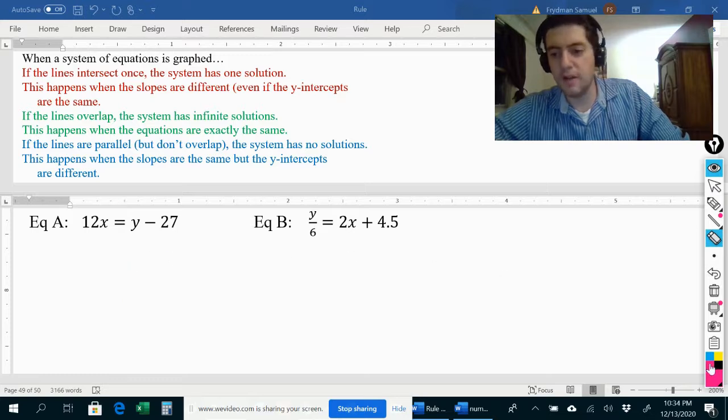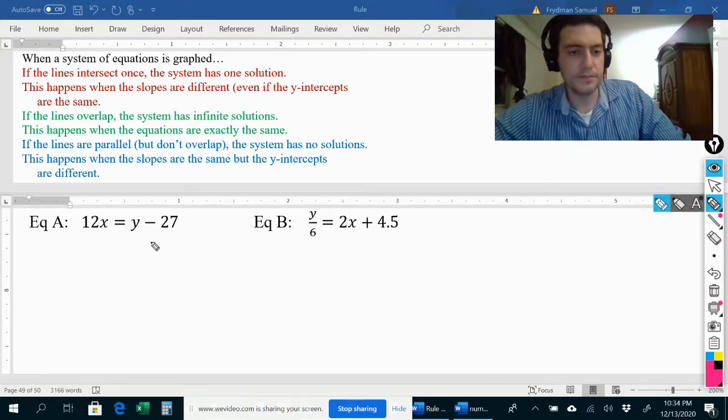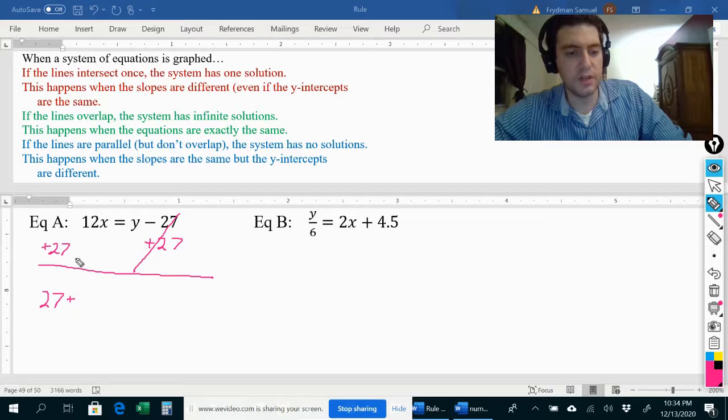We'll just add 27 over here and then also on the other side. Okay, and then this is just going to give me 27, and then plus, this was a positive 12. So plus 12x equals y.